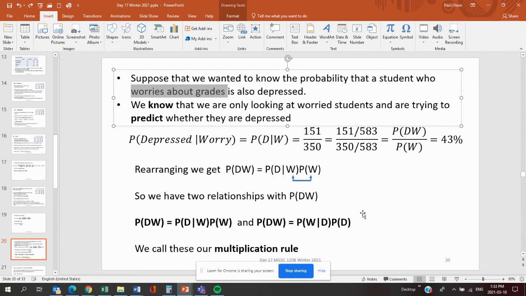We can multiply things together to get this combined event. The other rule was to calculate a probability that was an or, a union situation. And this is a formula for calculating that joint event, the intersection of two things, depression and worrying.